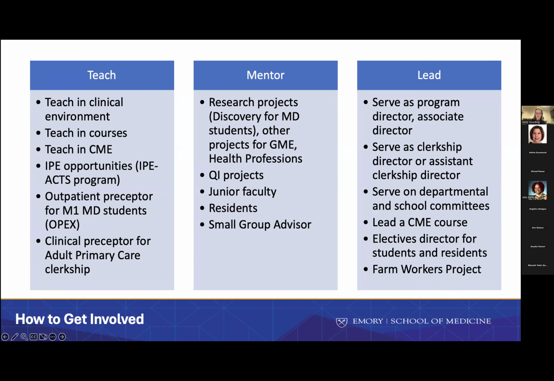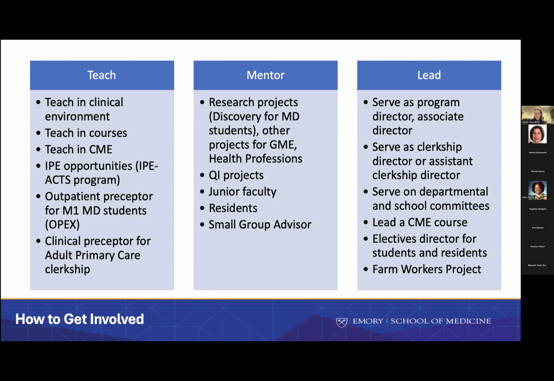And then finally, there are leadership opportunities as well. These will all be sent out as they become available on the faculty digest and faculty huddle that you heard about this morning, but there will often be opportunities for new leads of various programs, various clerkships.